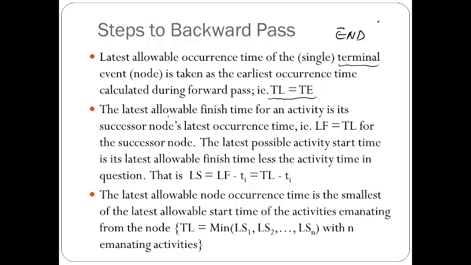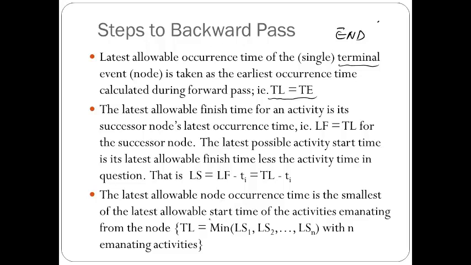We look at the latest allowable finish time for an activity, which is its successor node's latest occurrence time, and you subtract the time it takes to do the activity. And then you go backwards. The latest allowable node occurrence time is the smallest of the latest allowable times.